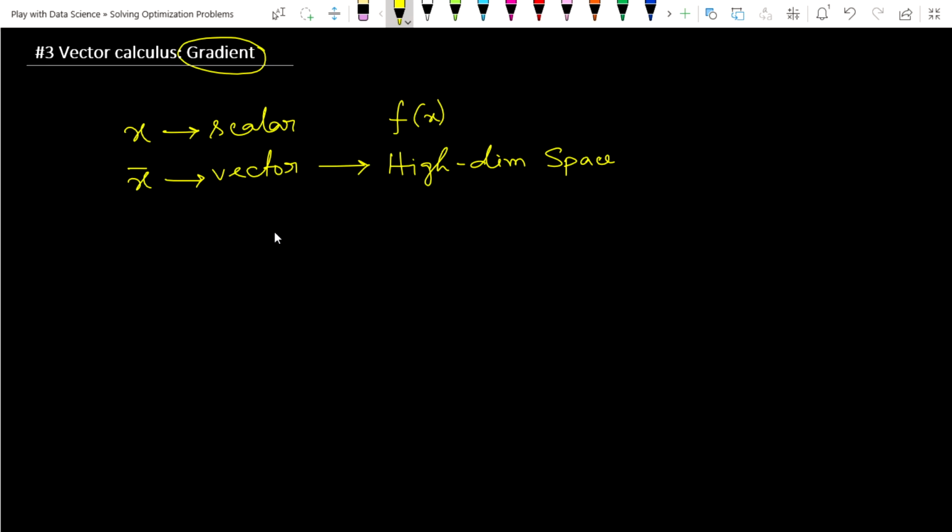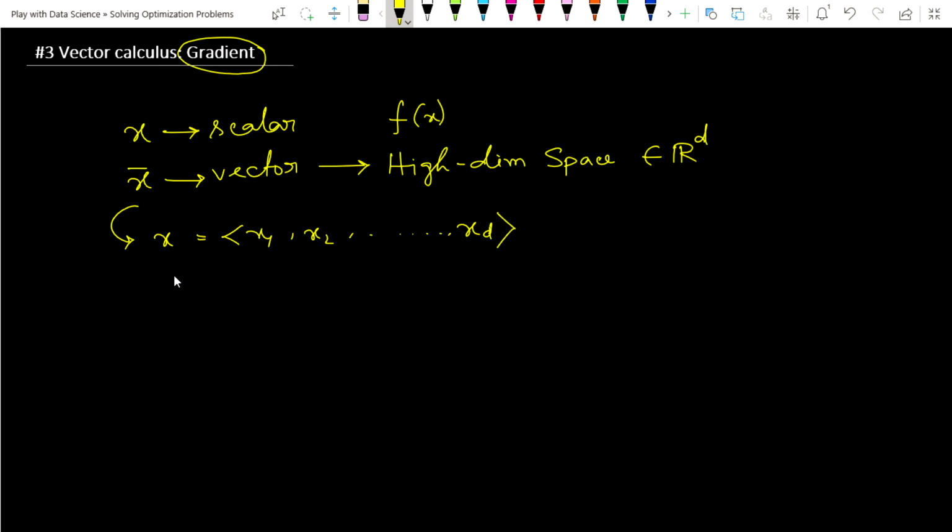Suppose x is a vector and it belongs to a d-dimensional space, simply denoted R^d. So its components will be x1, x2, up to xd.